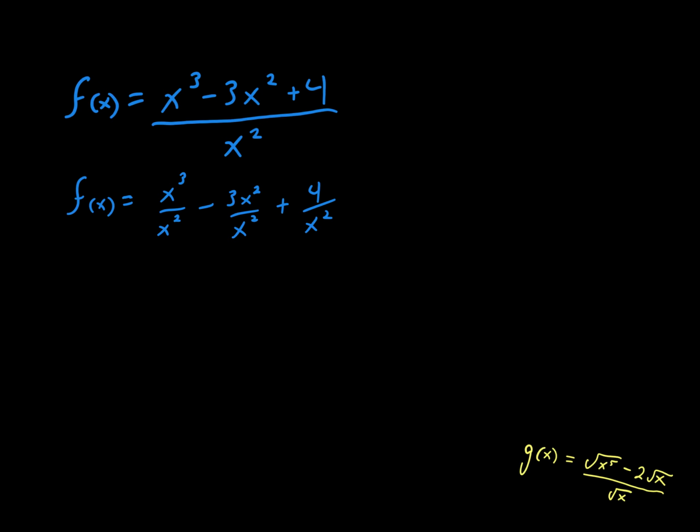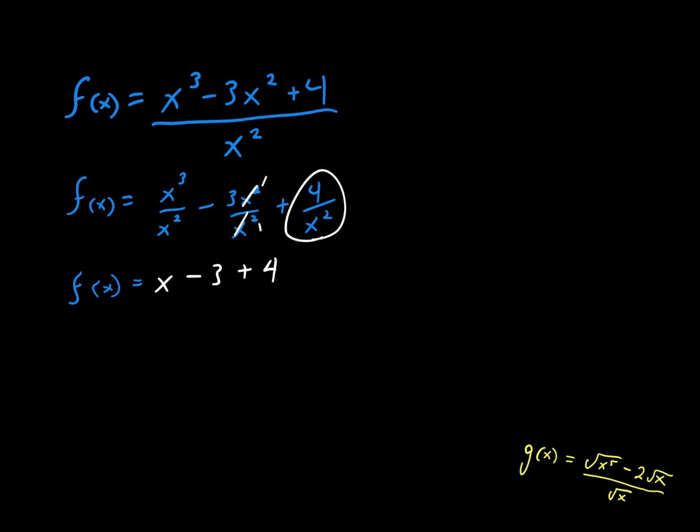So if you rewrite it like that, well, again, I'm not taking the derivative. All I'm doing is rewriting my f of x. Do you remember what to do here? You're dividing, so what you do is you subtract your exponents, and that's going to give you x to the first. There's a -3. Well, we don't have to do anything. Those are just going to cancel. And do you remember how to write this one? Because we don't have a division. There's no x upstairs.